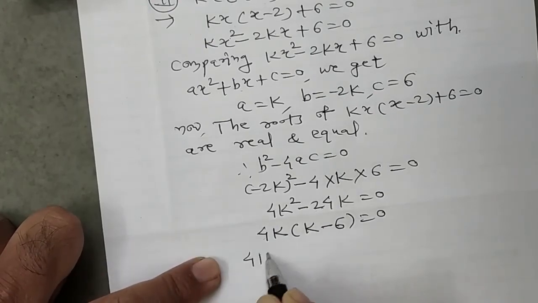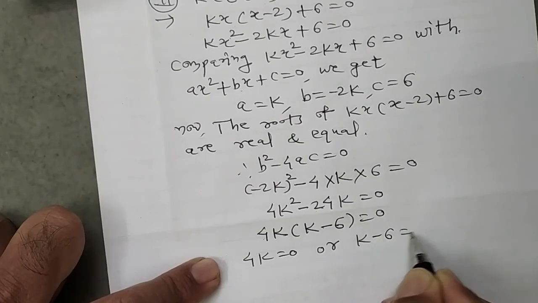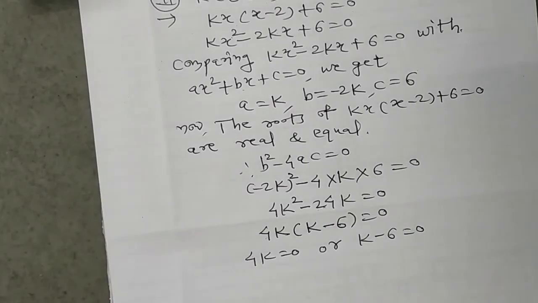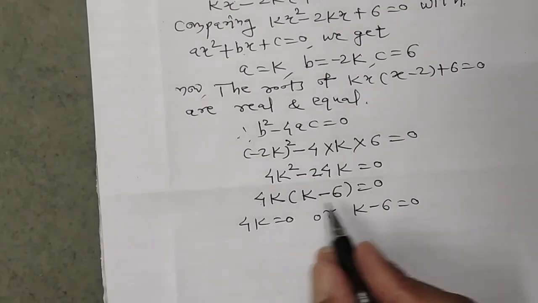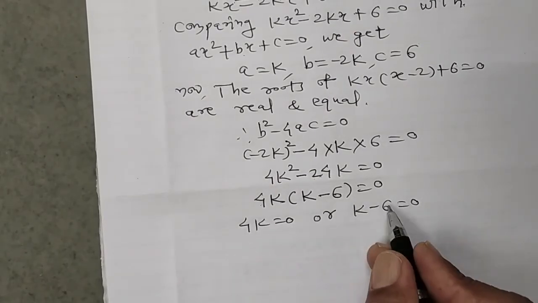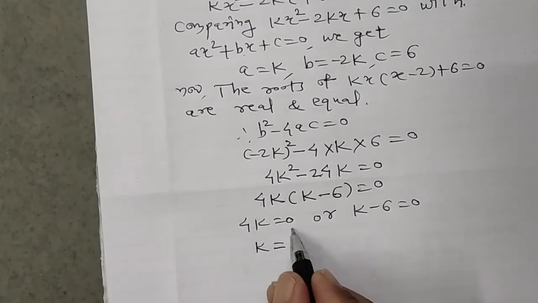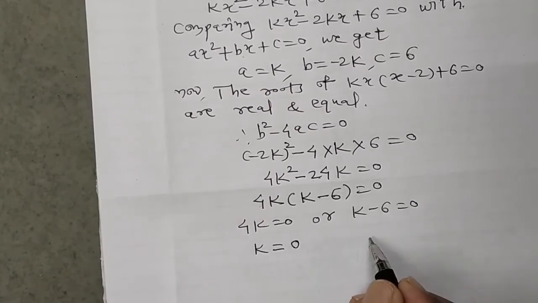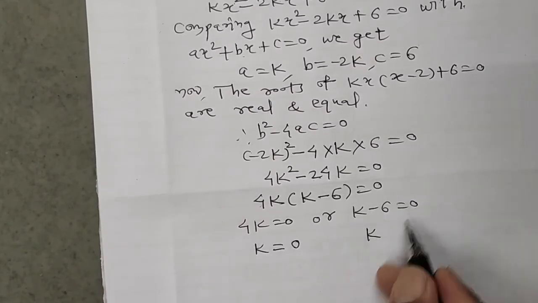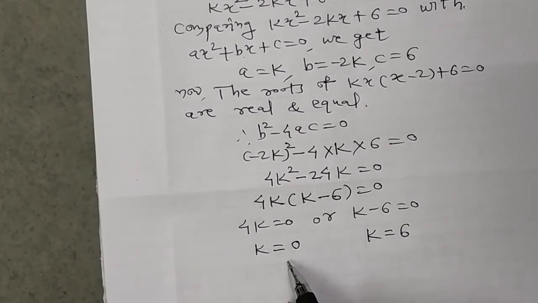Therefore 4k is equal to 0 or k minus 6 is equal to 0. We know that the product of two terms is equal to 0 if the first term is equal to 0 or the second term is equal to 0. Therefore k is equal to 0 upon 4, that is 0, and k is equal to minus 6 becomes plus 6. There are two values. First value of k is 0 and second is 6.